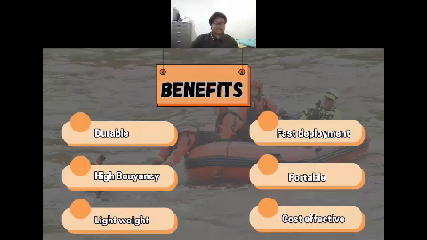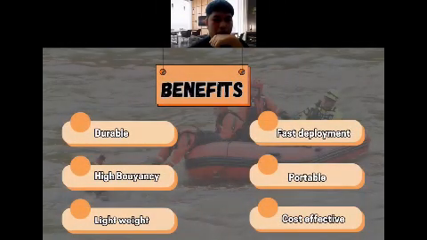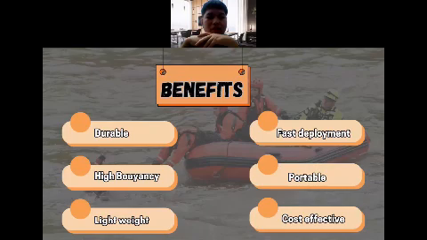Now let's move on to the other benefits. So our product also has high buoyancy because the mass of the boat is designed to be equal to the water displaced. So a lot of people can fit in the boat during the flash flood. Other than that, it is also portable because it can be stored in a ballast bag that we have designed.